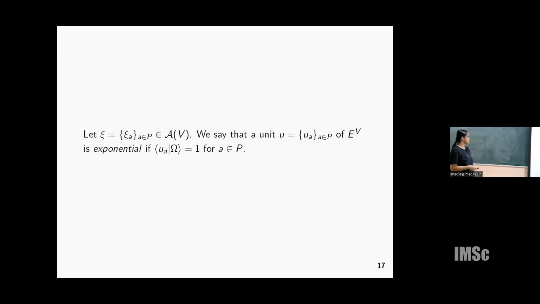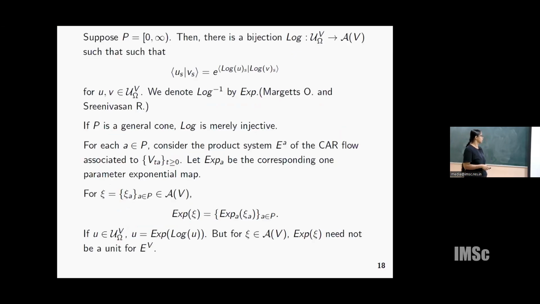A unit is exponential if you look at the vacuum unit and take the inner product with it, and if the inner product is 1, then the unit is called exponential. In the one parameter case, there is a bijection between exponential units and additive cocycles, and that map we call log.